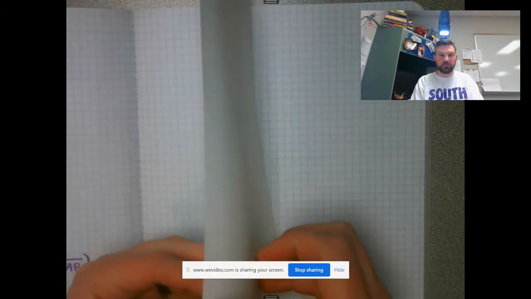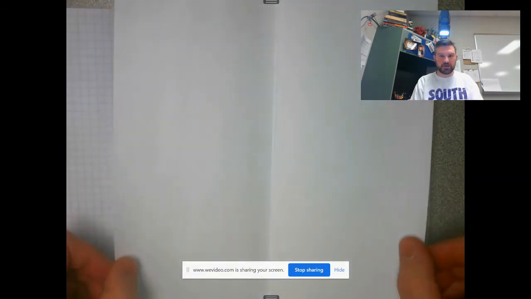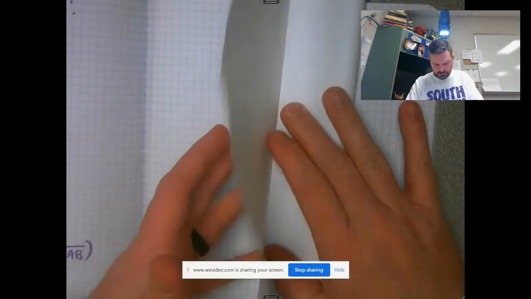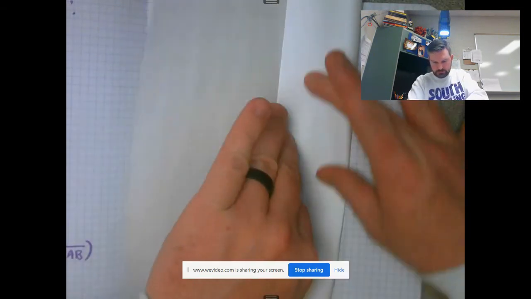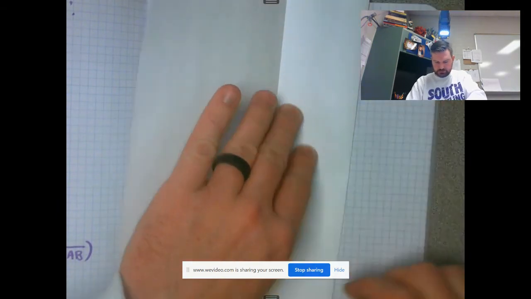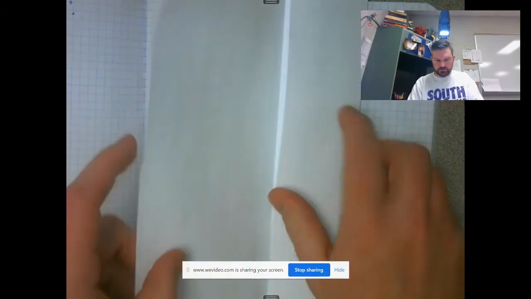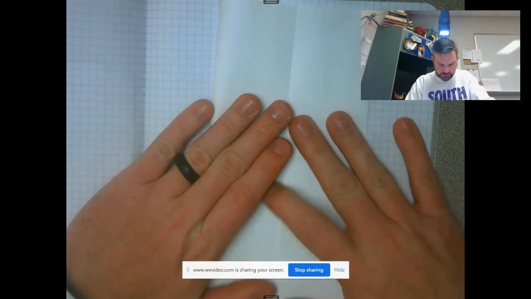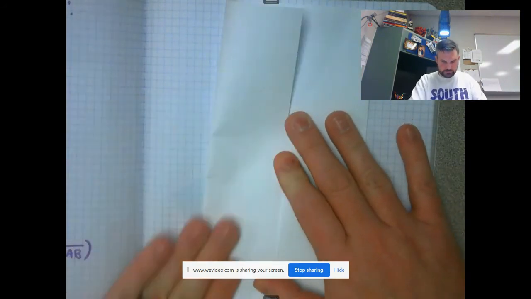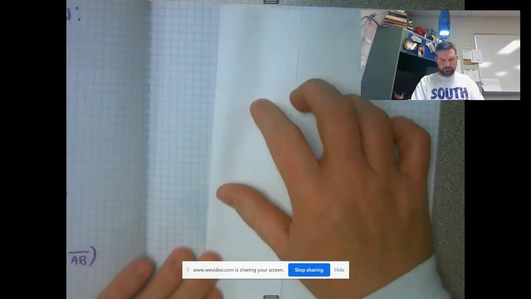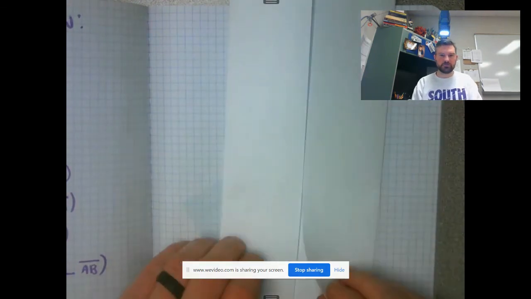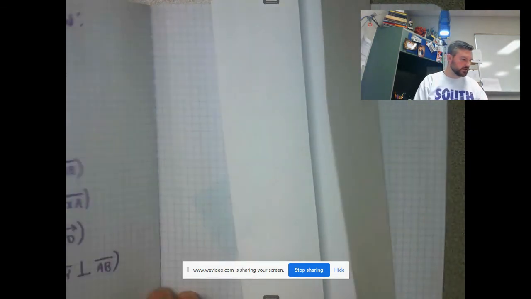Okay, and then when we open that up, we're going to take each side and fold it into the middle. And we'll take the left side and fold it into the middle. Like that. Okay, so we kind of have two doors on each side.